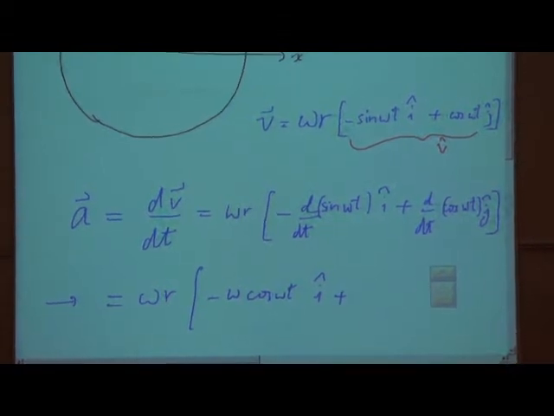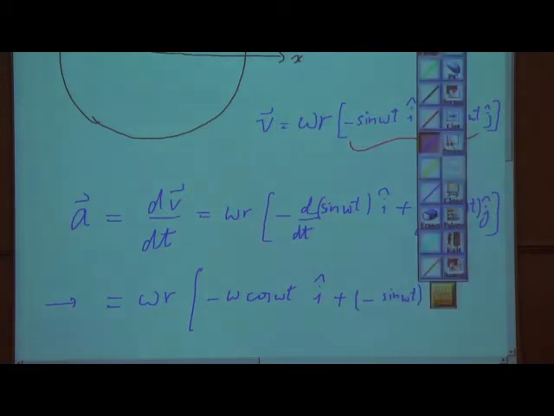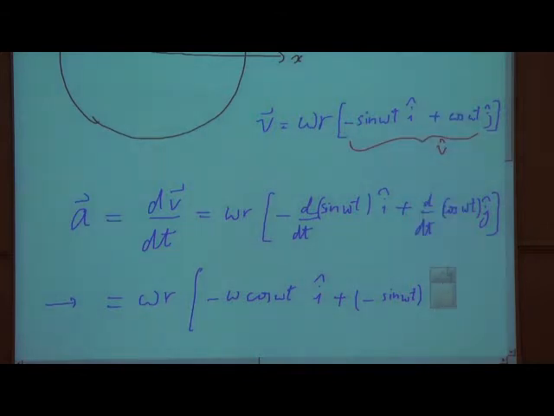The derivative of cos omega t with respect to omega t, or with respect to theta, is minus sine omega t. But then with respect to time, that gives me again an omega. And here is my j hat. Okay?